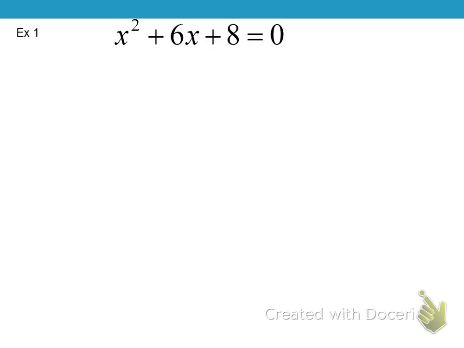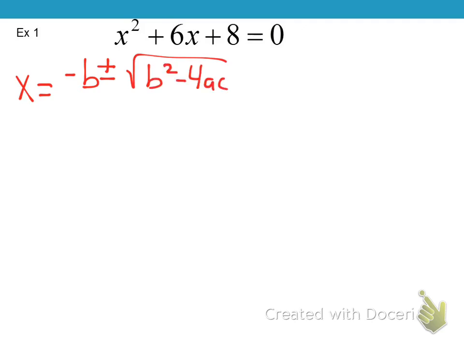Okay, so I'm going to start by reminding myself what it is. X equals negative b plus or minus square root of b squared minus 4ac all over 2a. That's easy.